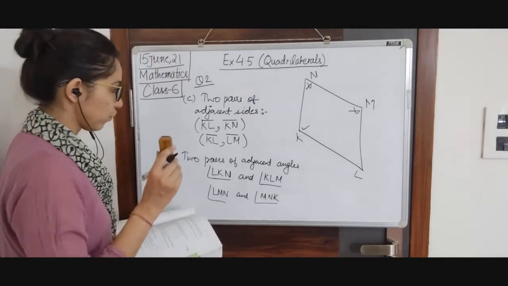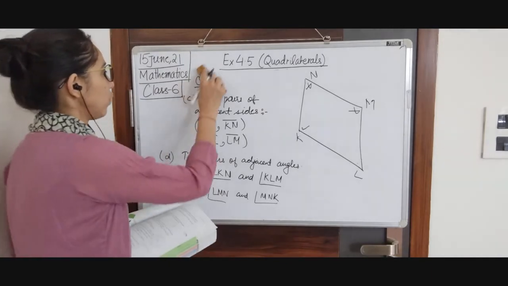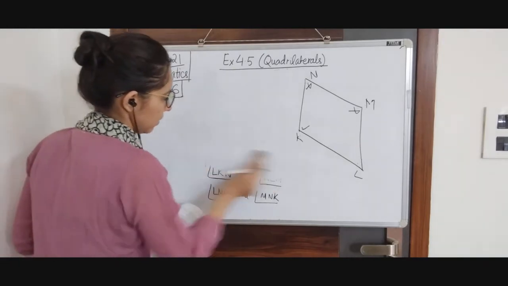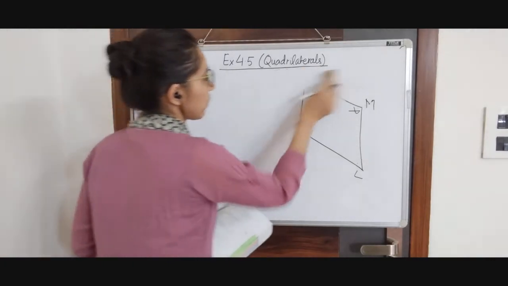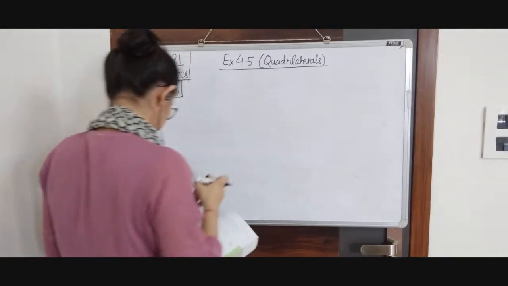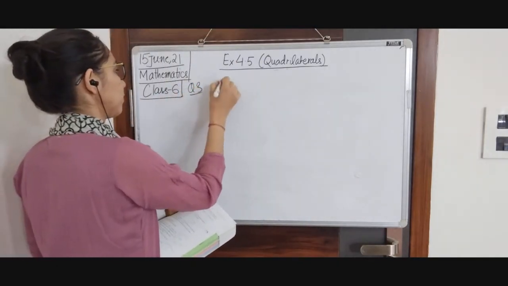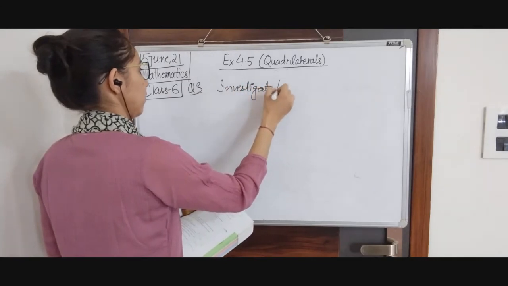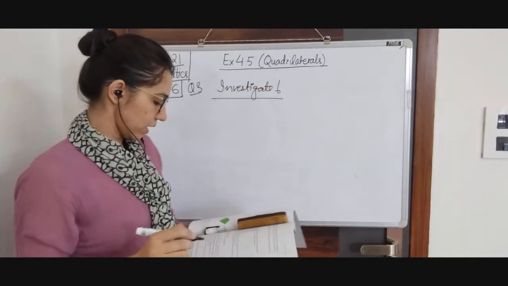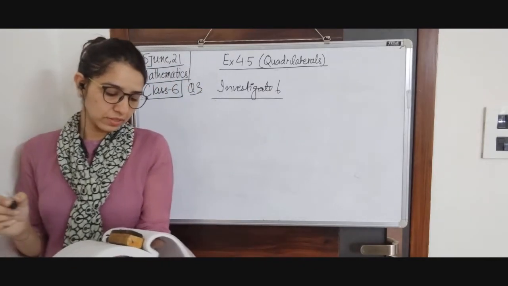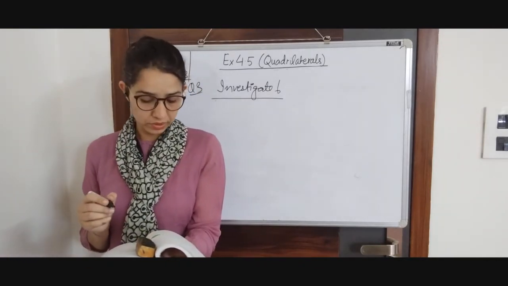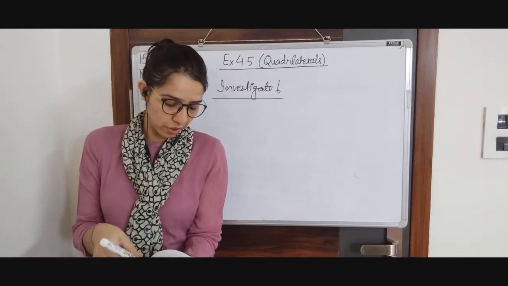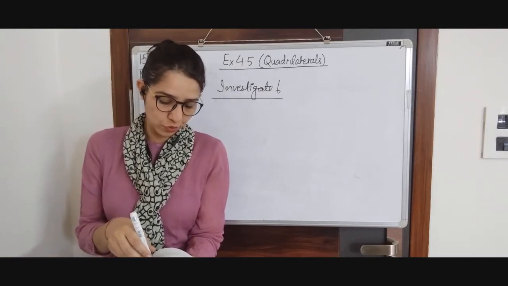Now we have one more question, that is question number 3, and in this question we have to investigate. We have to use strips and fasteners to make triangles and quadrilaterals, and we have to try to push inward at any one vertex of the triangle.